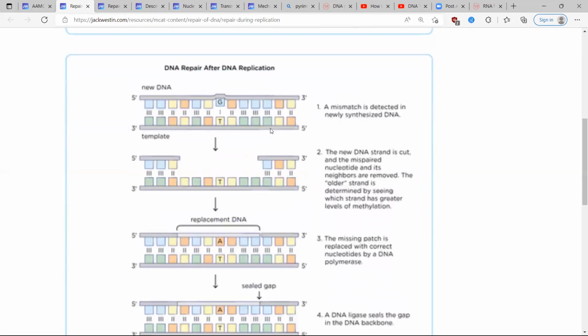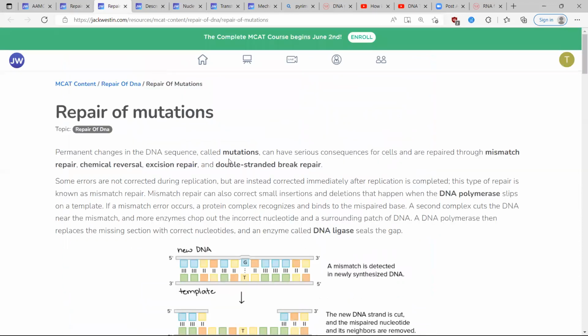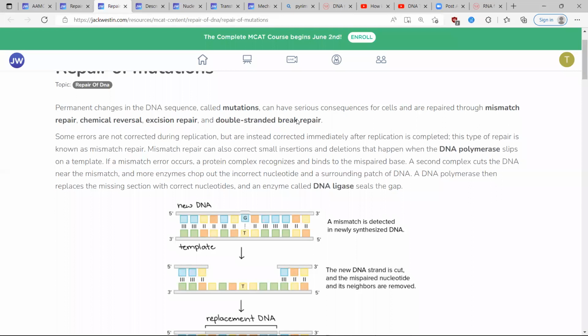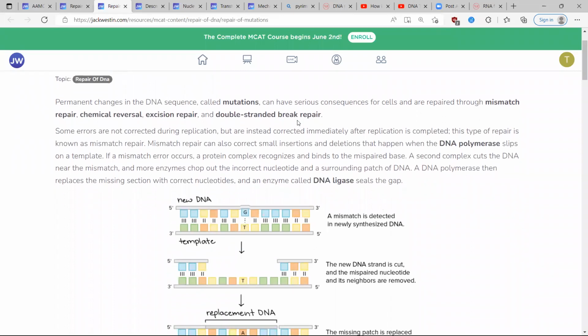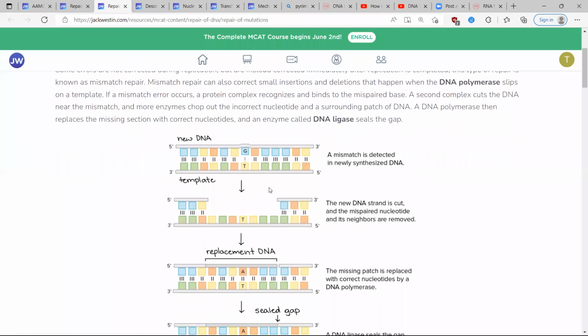And I believe this is mismatch repair. So there's a variety of different repairs that you can do after the DNA is made. If the DNA was made and then there's a mistake, we have a couple of different options.